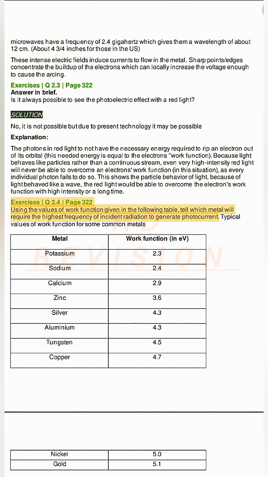Exercises Q2.4, page 322. Using the values of work function given in the following table, tell which metal will require the highest frequency of incident radiation to generate photocurrent.